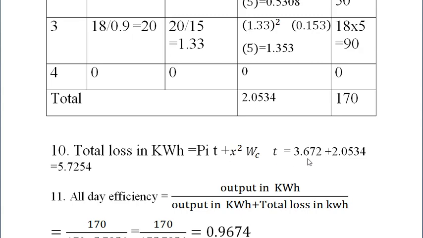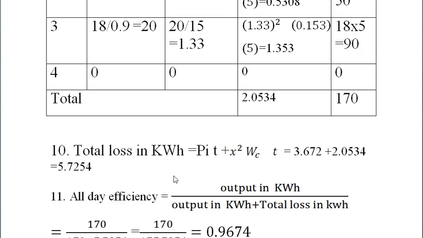So iron loss we have already calculated for 24 hours, that is 3.672 kilowatt hours, and the copper loss in kilowatt hours we just now calculated, 2.0534. So when we add all this, we get 5.7254 kilowatt hours loss. And we know the output, we know the total losses.